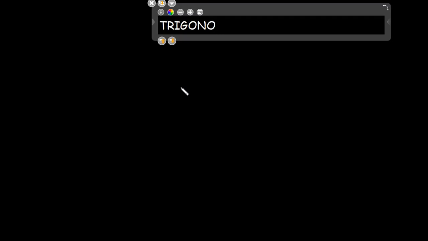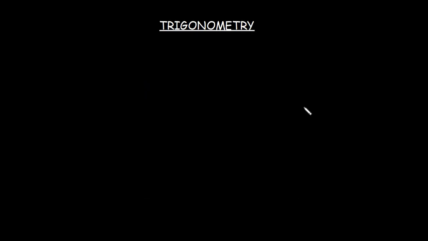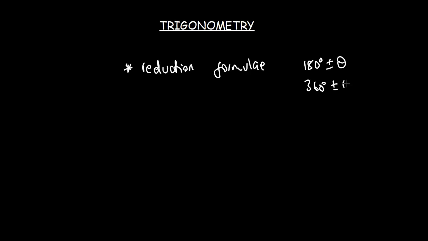We are starting with trigonometry, and looking at a few things in trigonometry. Remember, trig has a lot of parts. We have reduction formulae, whereby we are dealing with 180 degrees plus or minus theta, 360 degrees plus or minus theta, 90 degrees plus or minus theta.